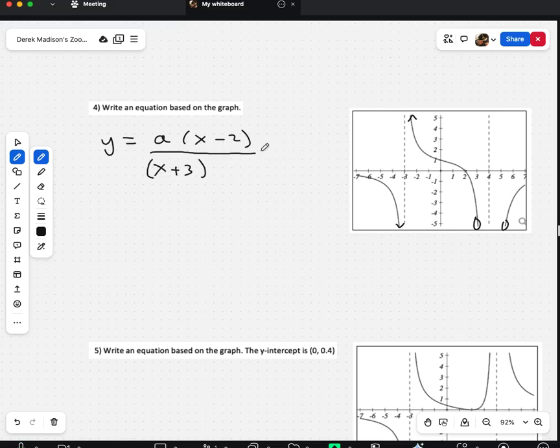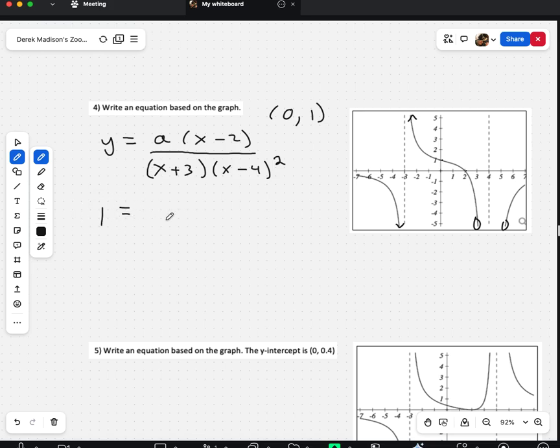Up here, this one we have a vertical asymptote at 4, so that means I have minus 4. And then the graph is heading off in the same direction, so that means that needs a square. And our last piece of information is right there. We have a y-intercept at 0, 1.